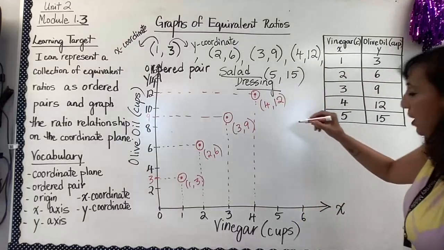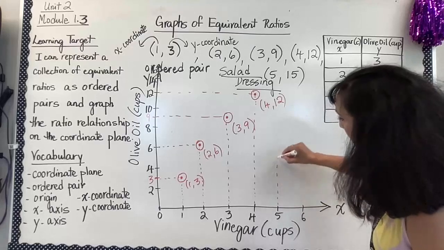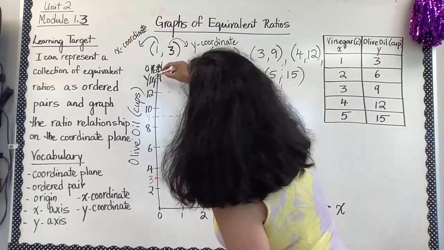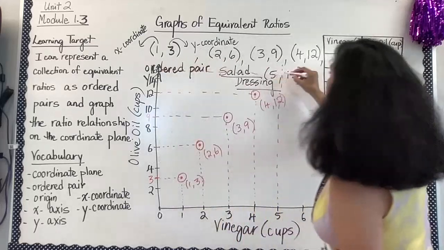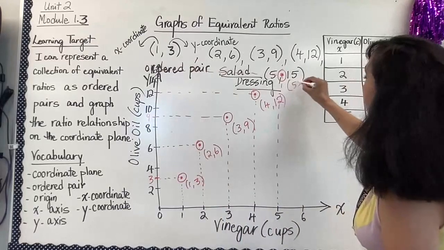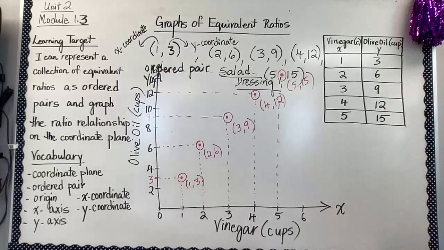For 5, we have 15, and so here we go. This is 5, and if this is 14 over here, we know that 15 is over here. So this is my 5, 15. But that's basically how graphing is done.